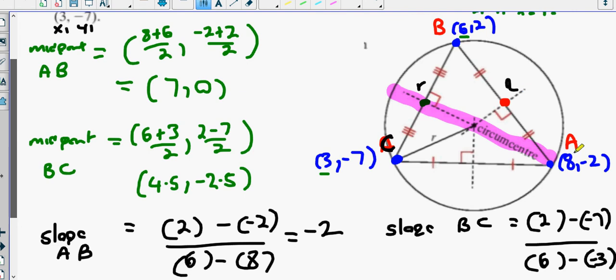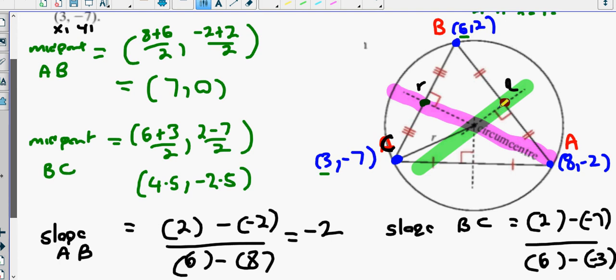If I find a perpendicular slope that goes through the point Q, I essentially get this line here. And where the 2 lines hit is the center of the circle. Is that okay? So that's what I'm after.